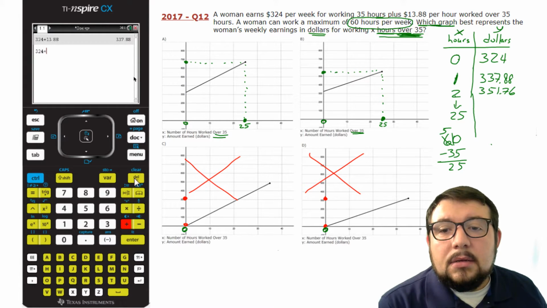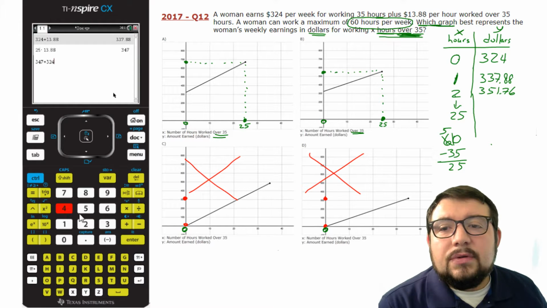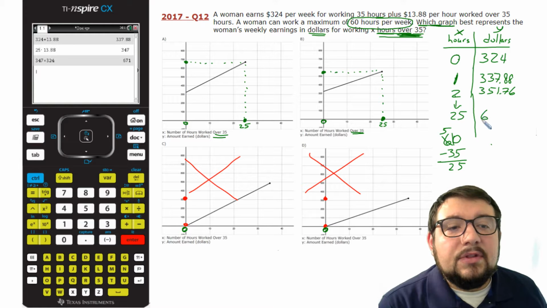And then, for 25 hours, she's going to earn $13.88, because that's how much she's getting for each hour she works overtime. So that's $347, the amount she earned for overtime, plus the original $324 that she got from the 0 hours. We press enter, and that makes a total of $671.